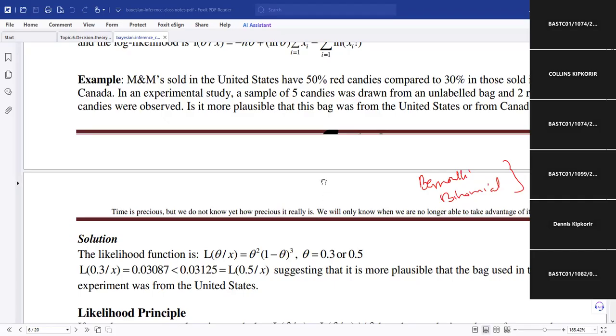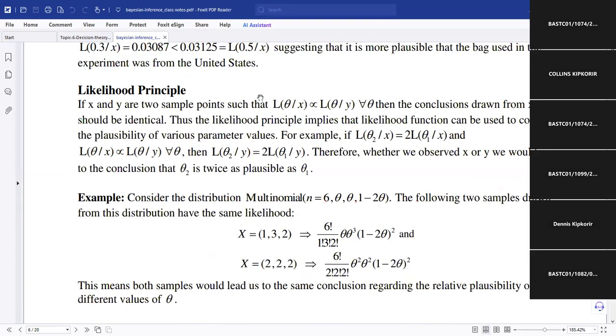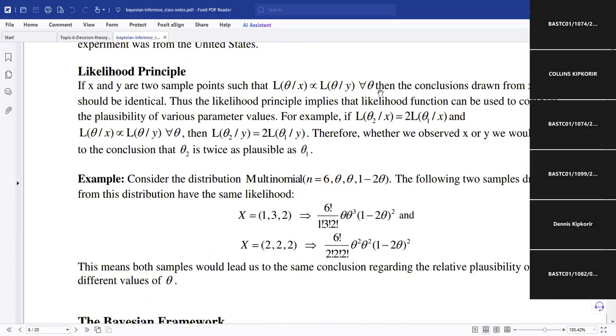Then also, we have the likelihood principle. If x and y are two sample points, such that L(theta given x) is directly proportional to L(theta given y) for all parameters theta, then the conclusions drawn from x and y should be identical. Thus, the likelihood principle implies that the likelihood function can be used to compare the plausibility of various parameters.